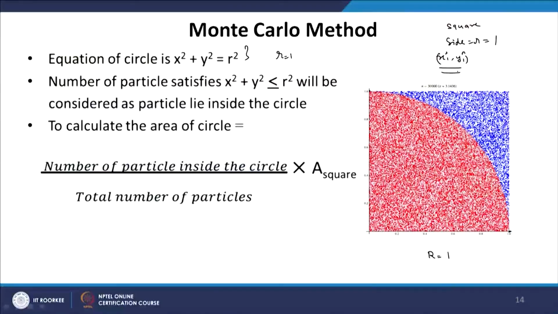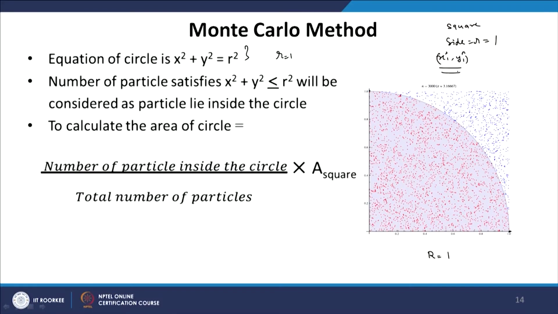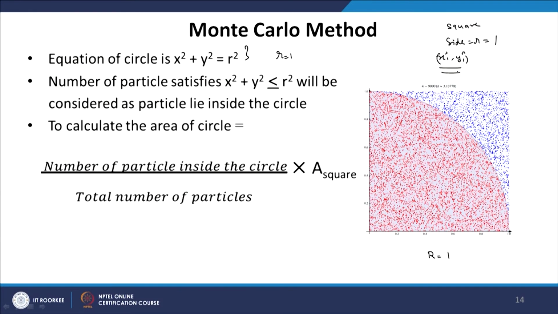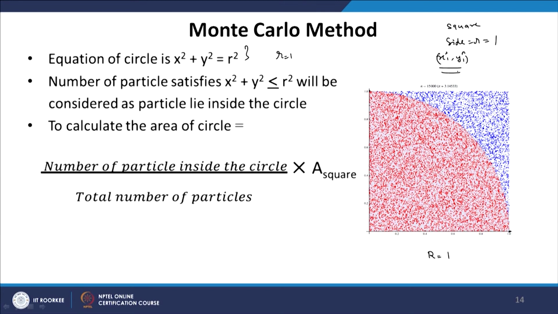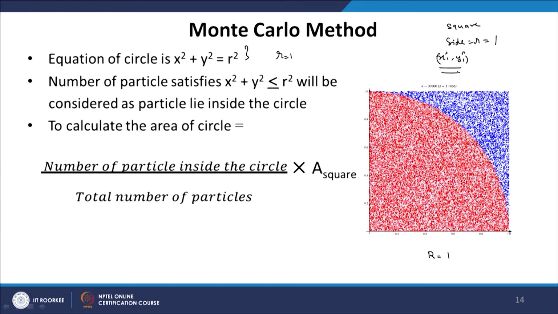And when we generate a sufficient number of points, we will see that the points occupy the entire space inside the square. So, we have to make sure that the selection process of these points is purely random. Many computer languages come with a random number generator, so we use this random number generator on a computer to generate random points x1 and y1.